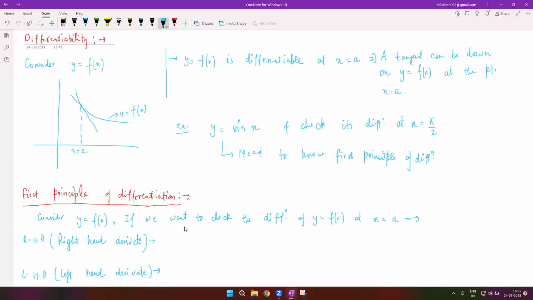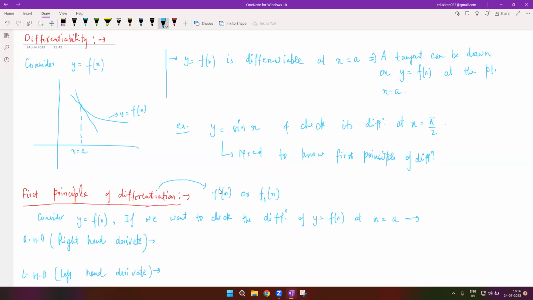Now how do we represent differentiation? To represent a differentiable function, let's say a function is y equals f(x). What will be its differentiation? How will we represent that? There are 2-3 methods to represent the differentiation of y equals f(x). Either we can write f dash x. F dash x means differentiation of f(x), right? Or we can write f1(x). These are all the same thing, mind you.